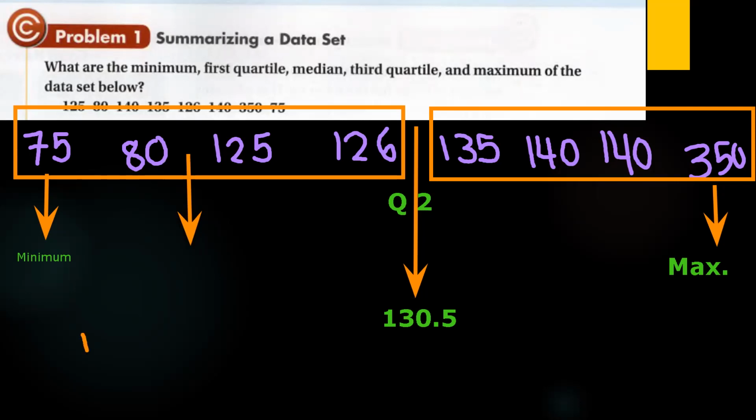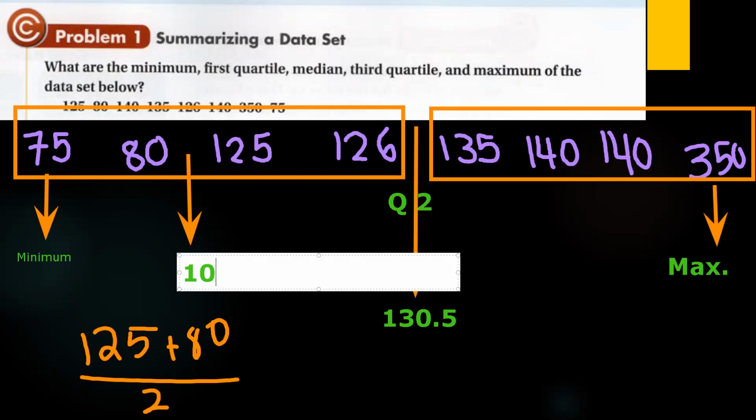If you add 125 plus 80 and divide by 2, you get 102.5.